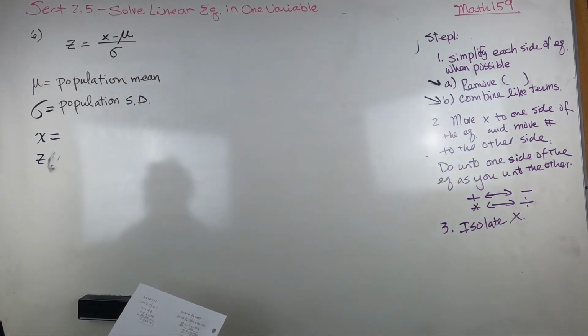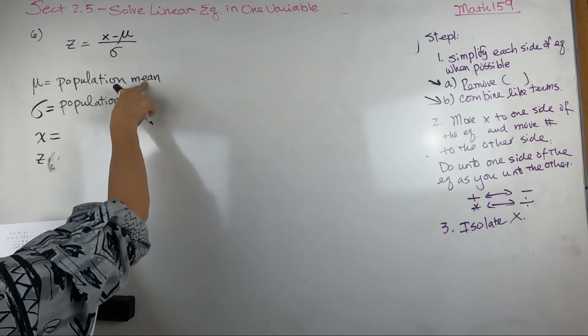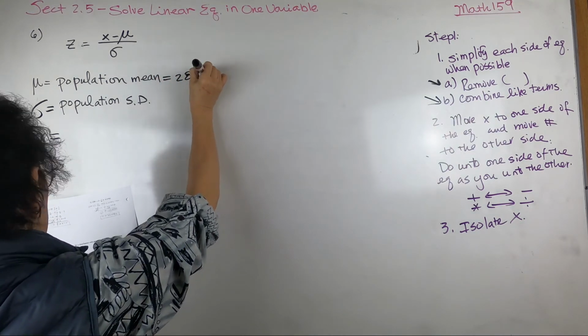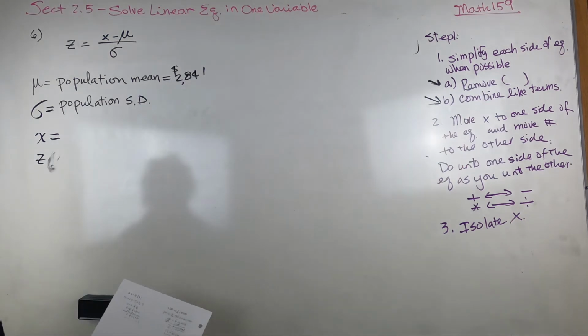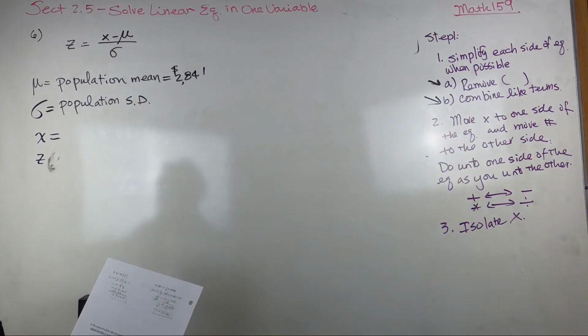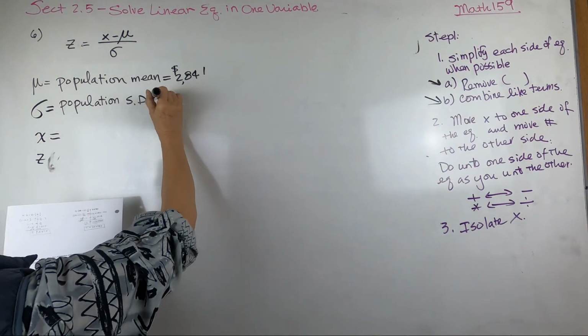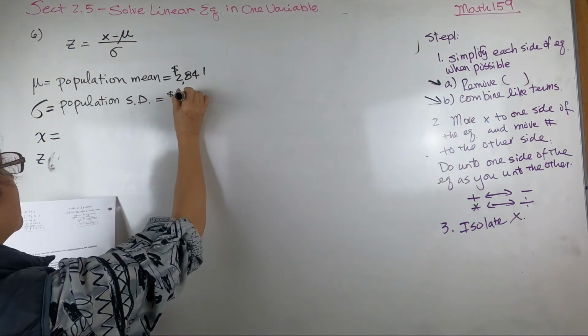Then let's look at the words. It says an online retailer has found that the population mean sales per day is 2841. So it's telling you the population mean is what? 2841, right? That's what it's saying. And the population standard deviation is 895.